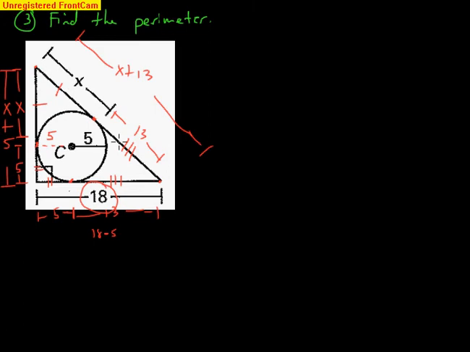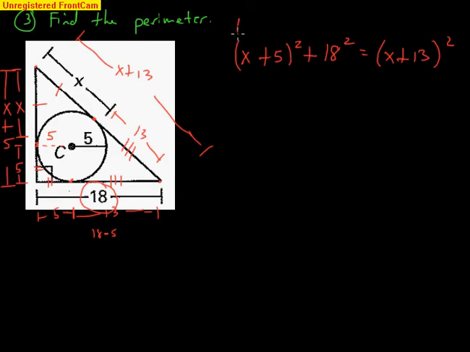The hypotenuse is x plus 13 because it is across from the right angle. So I can use the Pythagorean theorem. So I have x plus 5 squared plus 18 squared equals x plus 13 squared.